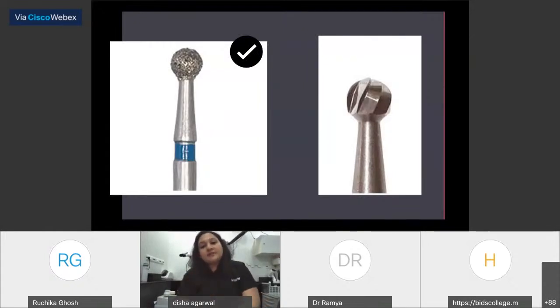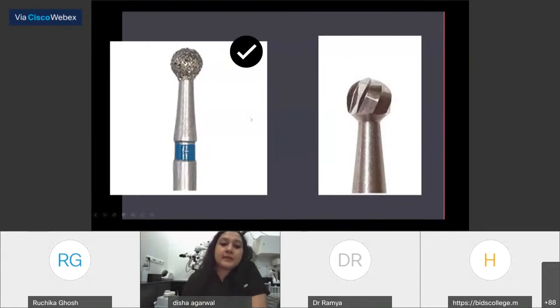Another thing, we've always been taught to use this SS burr, okay? Now, this SS burr is fine if you're using an etch based dentine bonding agent. But if you're using self-etching bonding agents, I would not recommend this, because it will create a smear layer which is very thick, and your self-etching systems will not be able to penetrate into such a thick smear layer.